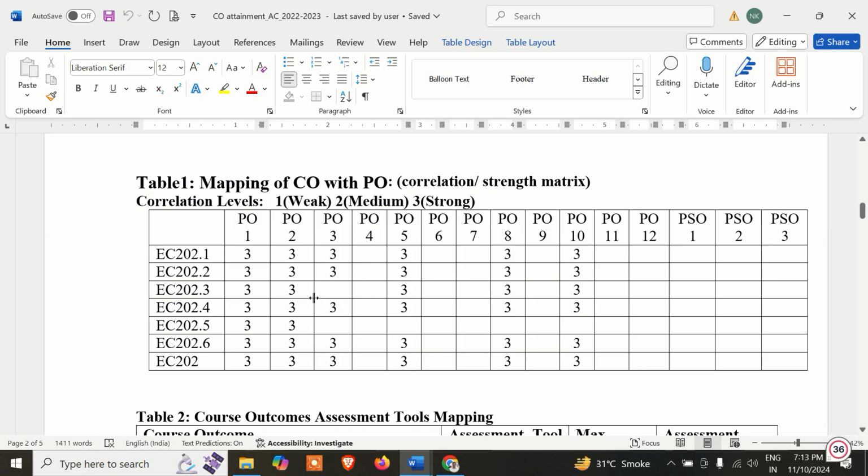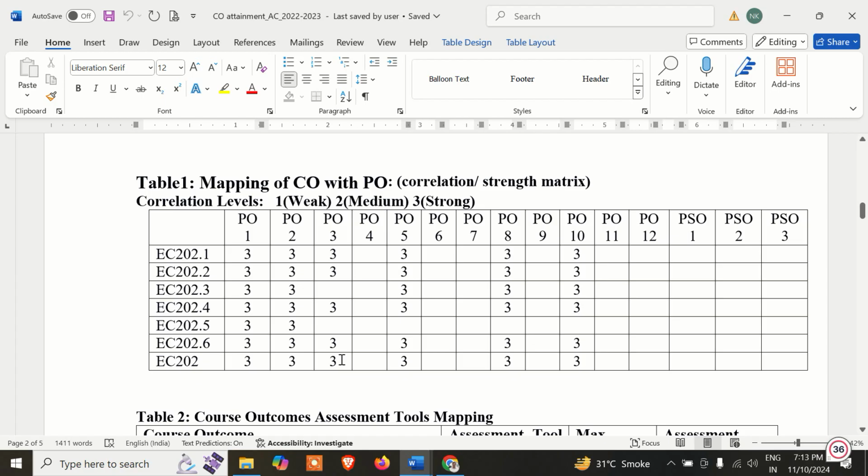Now, how do you correlate? When you correlate, you have to mention the strength. Each course outcome is contributing to my POs by what level?